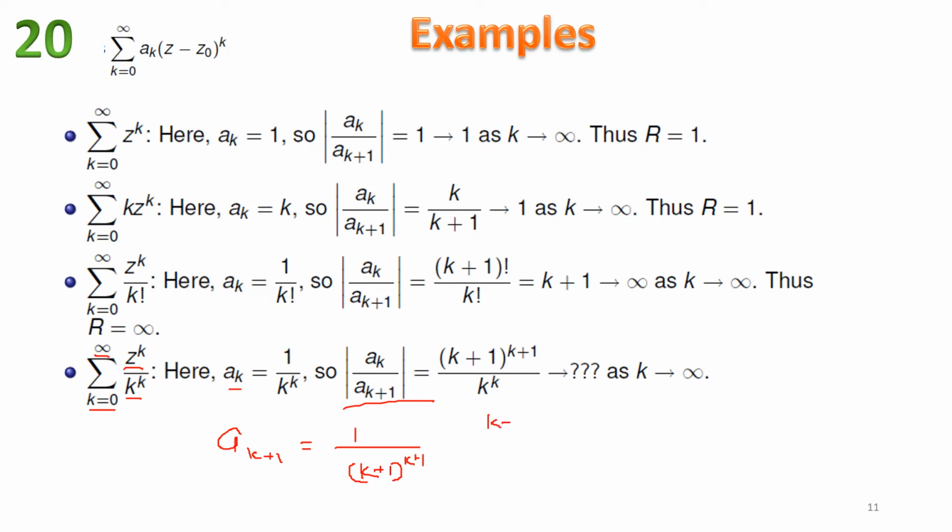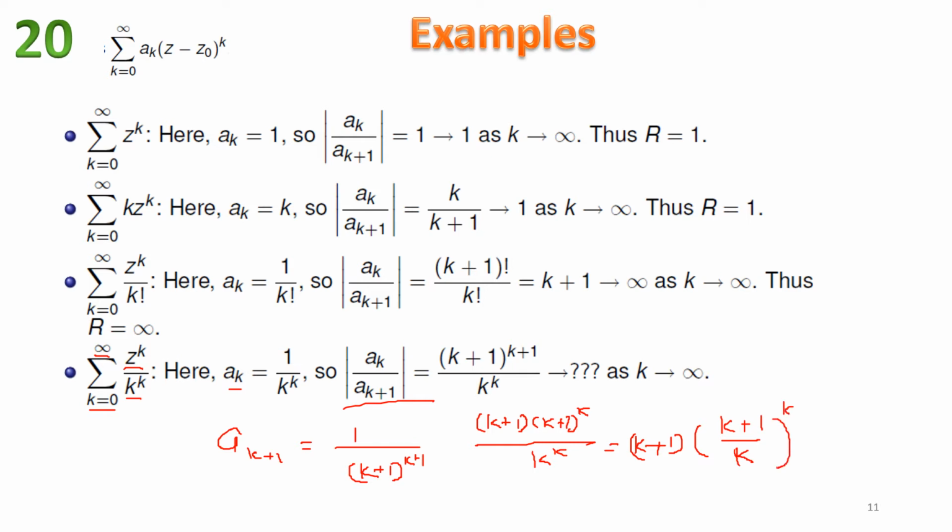In the numerator I am trying to operate on k plus 1, considering it as (k plus 1) times (k plus 1) to the power k. So here I have split that number, and in the denominator we have k to the k. Now we can take k plus 1 as it is, and then we can write inside the bracket (k plus 1) upon k, whole thing to the power k.